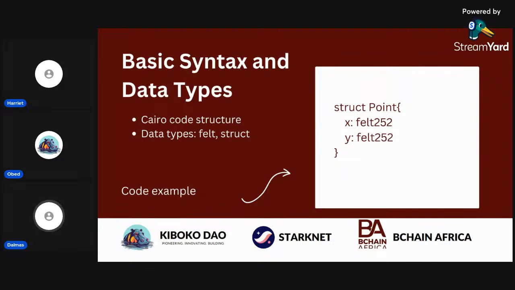So a struct can be a custom data type. For example, you can say a struct of a user, and hence from there you have a user with a username, first name, last name, email, password, and all those things. So let's say you wanted to track users in your contract, you will be using structs to achieve that.